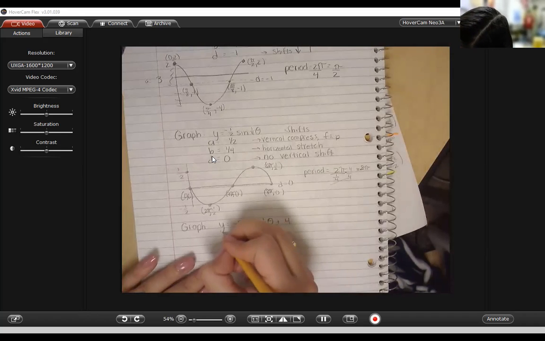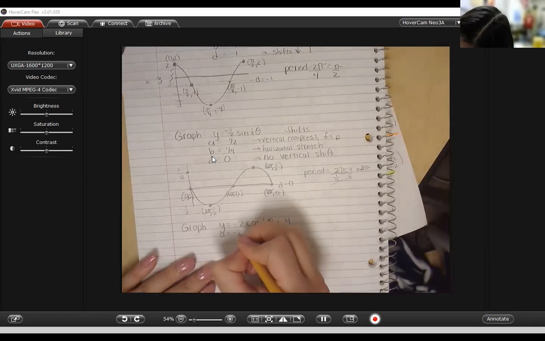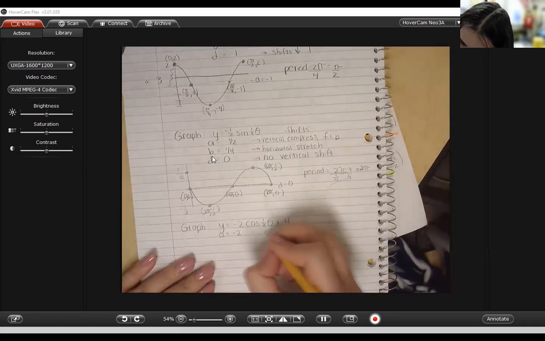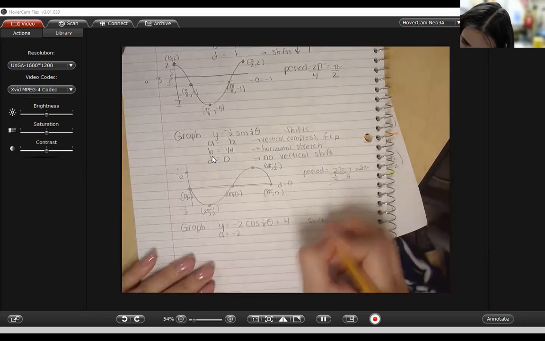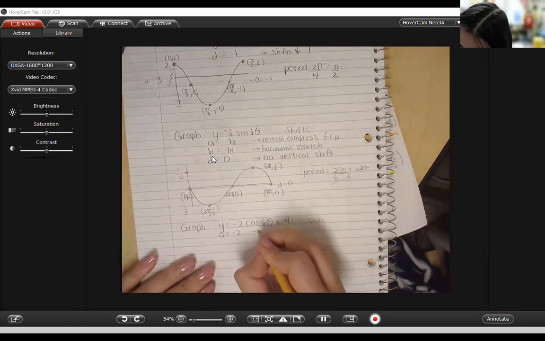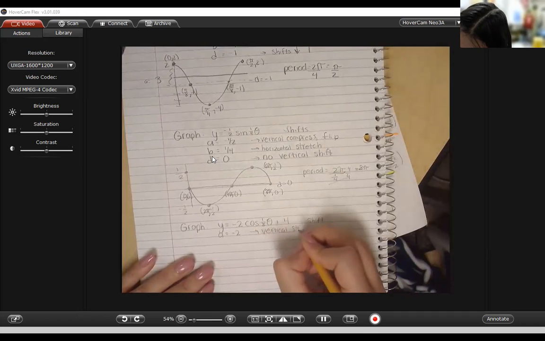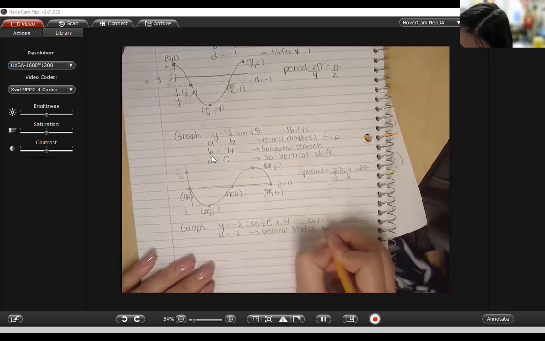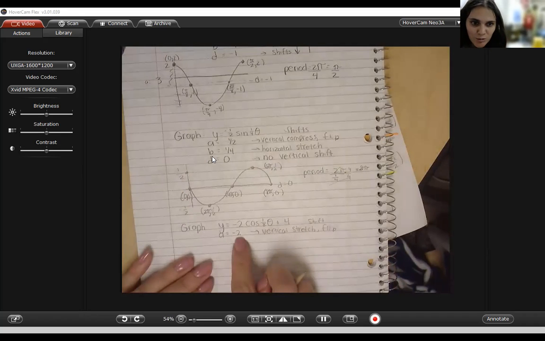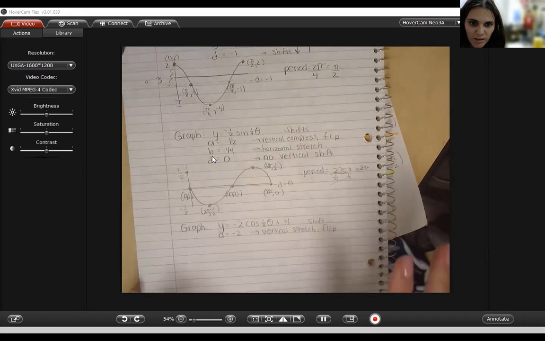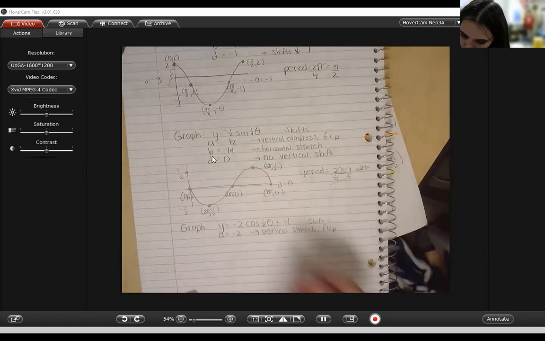All right, last one. So A is going to be negative 2, it's my amplitude. So what shift does that tell me? It tells me it's going to do a vertical stretch and flip. It's going to stretch because the absolute value of negative 2 is greater than 1, and it's going to flip because it's negative.